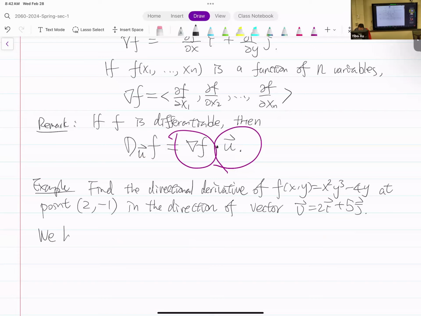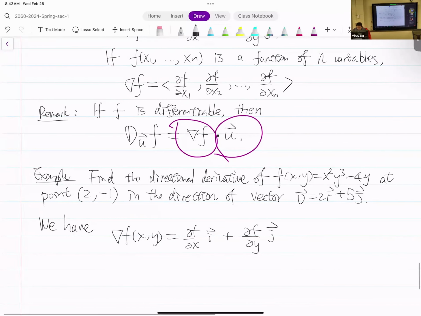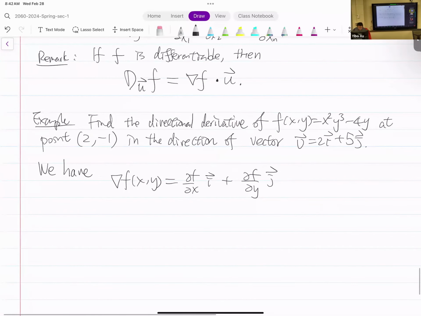So we have the gradient nabla f of xy. There will be two components, del f del x i plus del f del y j. This is the gradient vector in general for any xy pair. Now we just do the partials. It should be really standard.